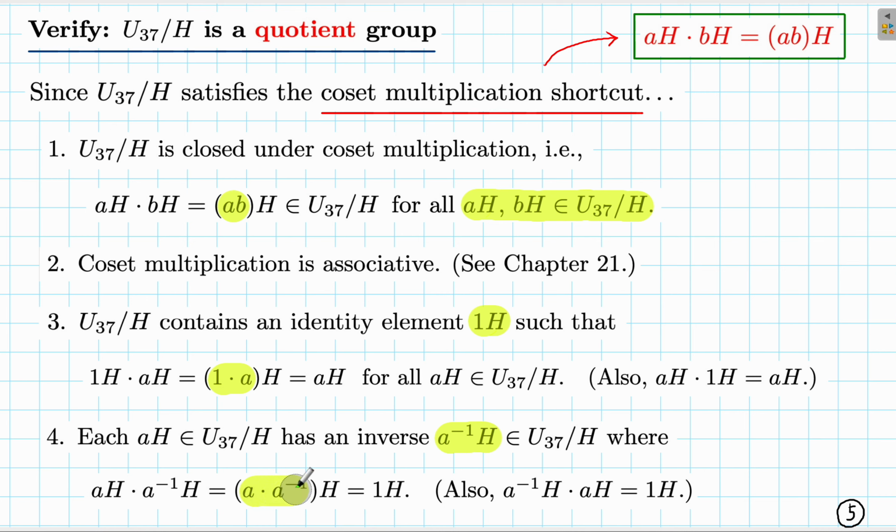They cancel in U37, and therefore we have the product 1H. And I'll leave it up to you to verify similarly that A inverse H times AH is equal to 1H. And thus, A inverse H is the multiplicative inverse of AH in U37 mod H. And that concludes our verification that U37 mod H is in fact a group. And we call it a quotient group because its elements are cosets.